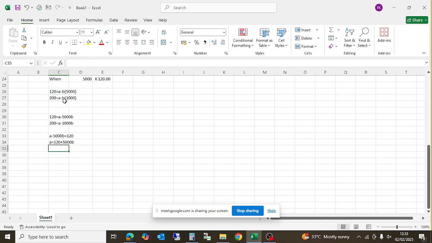Now I'll get the second one, the one with the 200, and find the value of B. So 200 is equal to A, which is 120 plus 5000B in brackets, minus 1000B.